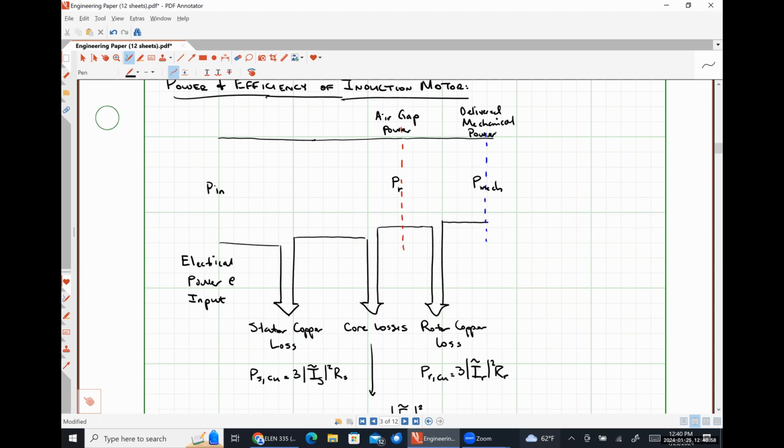And now that we're on the mechanical side of things, we need to take into account any mechanical losses that we might see, which we talked about some of earlier, right? So we might have friction and windage losses because our rotor is going to have some amount of air resistance that it sees as it tries to spin, right? So we're going to have friction losses and all of that kind of stuff there.